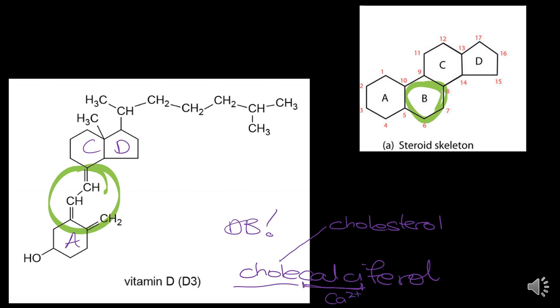I'm not going to go into too much detail, but vitamin D, and that might even be D3, I can't remember. Its name reflects what it comes from and what it does in the body. So vitamin D is formed, as you probably know, from sunlight.